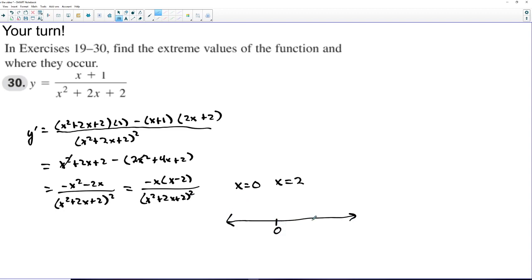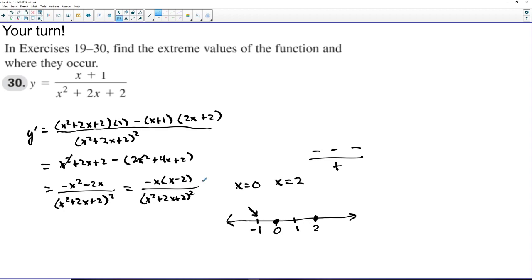So let's put this on a number line. We have 0 and 2. So let's check negative 1. If we plug negative 1 in the derivative, we get negative, negative, negative over a positive. So that's negative. So this function is decreasing to 0. Remember, 0 and 2 are the two we're looking at.